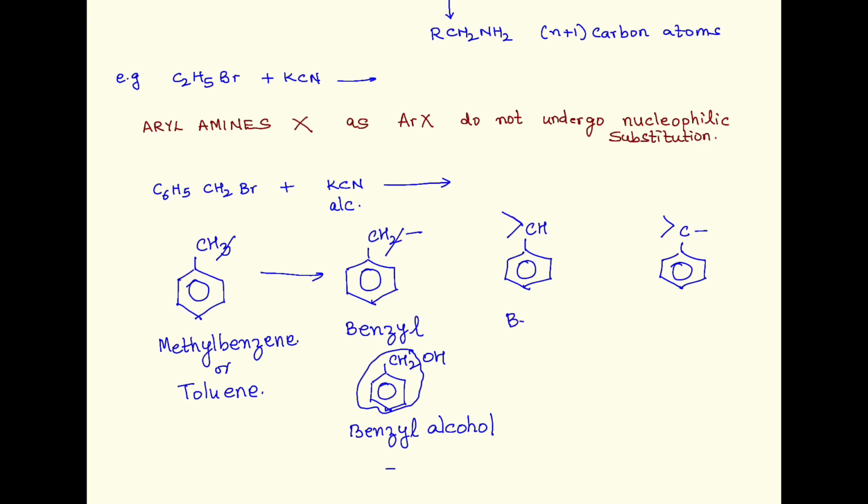This is called benzal. How do I remember? This is here CHO. You see over here the O is attached by a double bond, CHO. There are two valencies which are available to the carbon. Hence, this compound is also known as benzaldehyde.